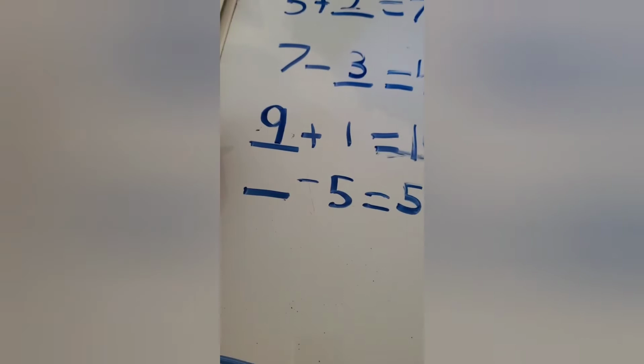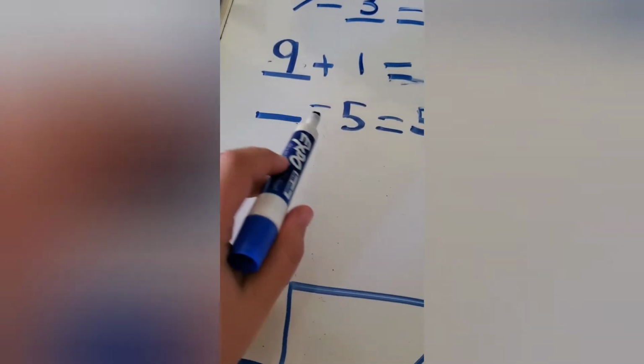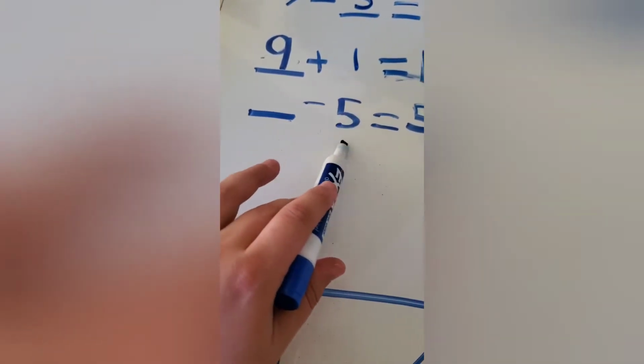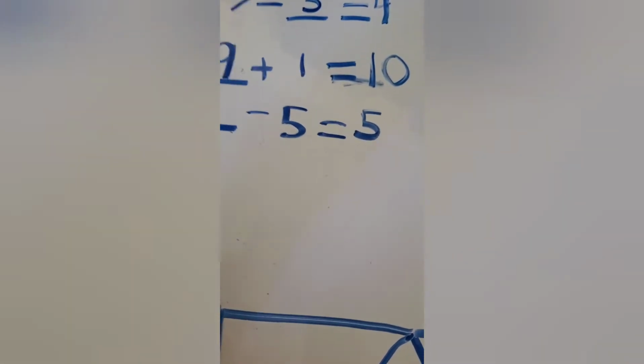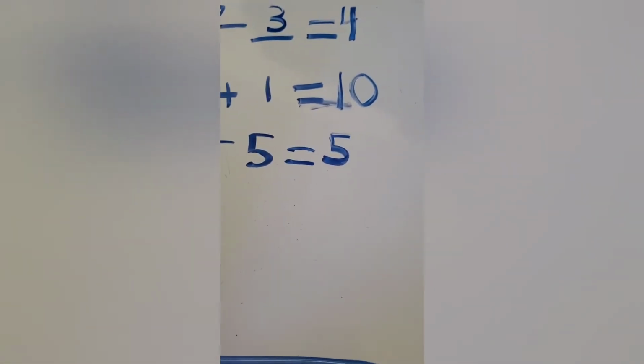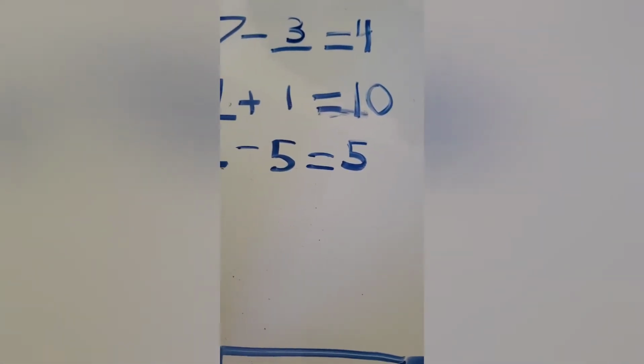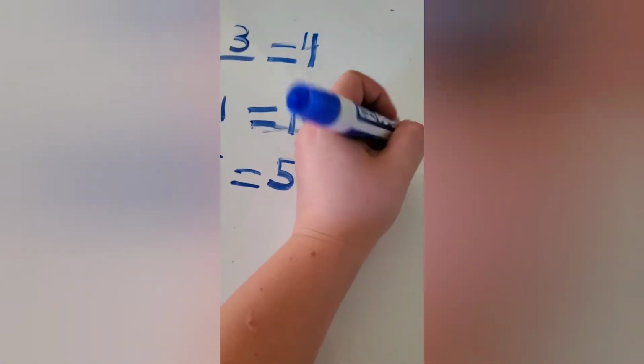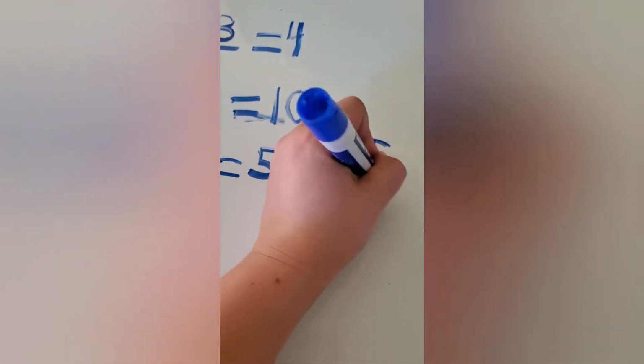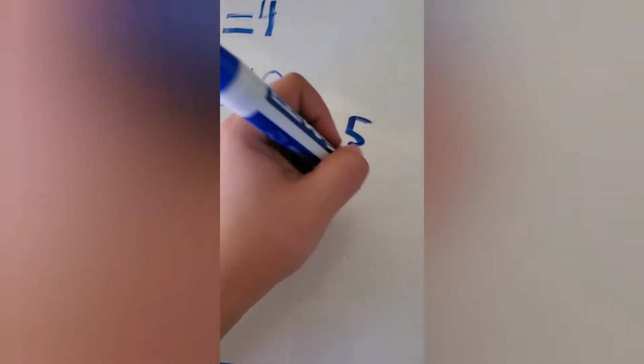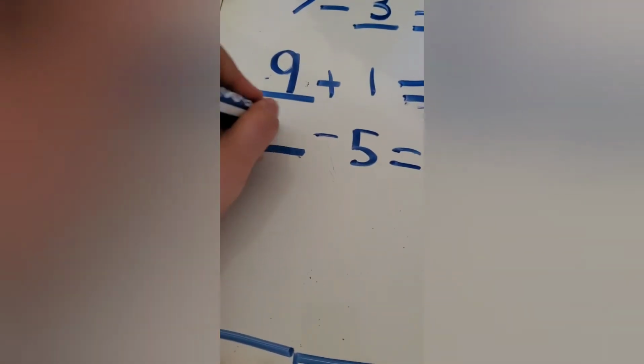It is 9. All right. Blank minus 5 equals 5. Oh my goodness, super easy. Because if we add 5 plus 5, that's a doubles fact, and that equals 10. So 10 minus 5 equals 5. You guys are so smart.